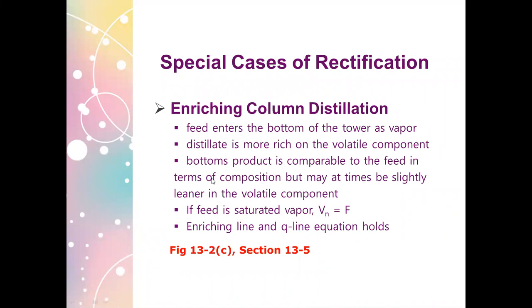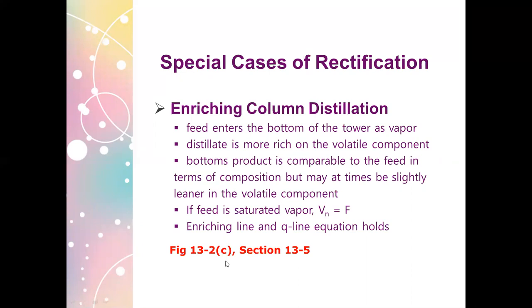How would you then draw or graph the enriching section operating line? It's still the same as if you have an entire column. Meaning, if it's the enriching section operating line, of course, you need the X sub D, the mole fraction of the distillate, and you should know, of course, the reflux ratio. The problem should give you the reflux ratio.